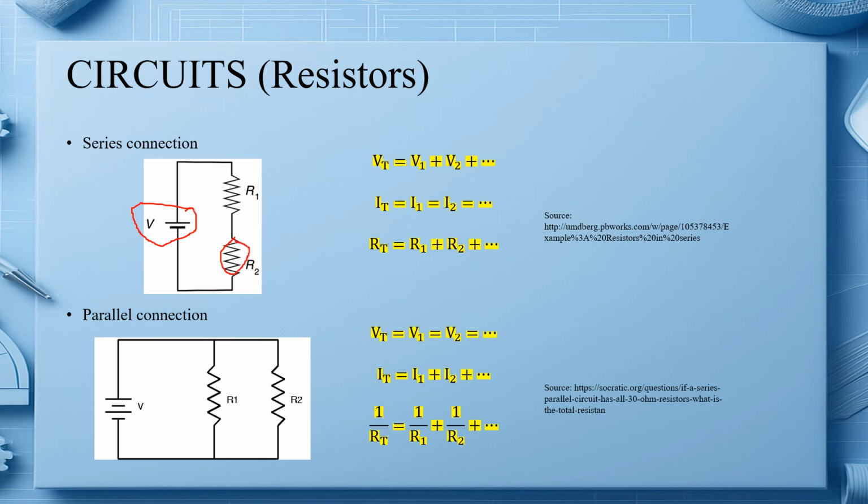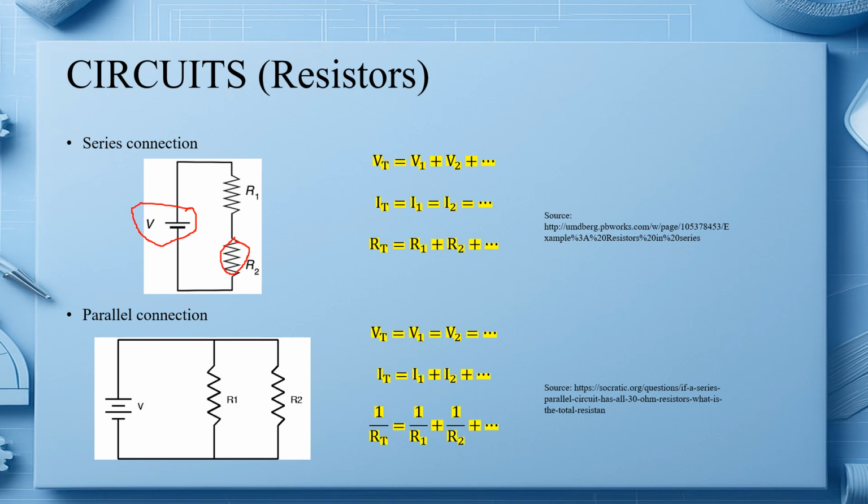In series connection, the current flowing is the same all throughout. It means the current in R1 is equal to the current in R2. In solving for the total voltage, we have V1 plus V2. In solving for the total resistance, we just add the two resistances, R1 plus R2.